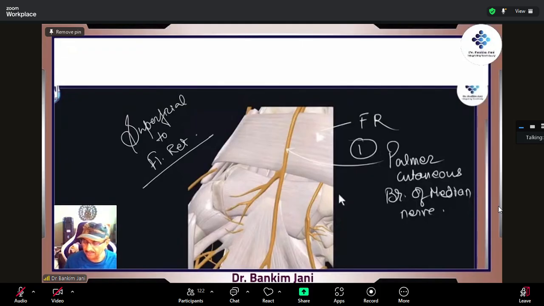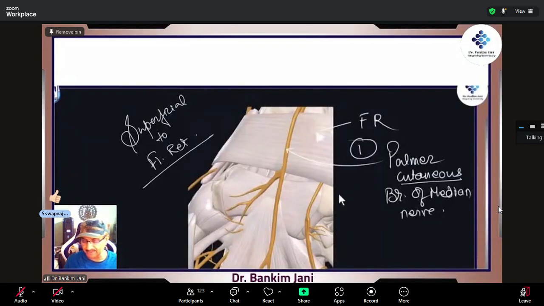Cutaneous branches: when they are heading for the skin, why should they travel deep? If you are in Delhi and you are supposed to go to Mumbai, then why take a flight to Chennai? Same way, when you have to supply the skin, that means cutaneous innervation, it is superficial. So first we are learning the structures which are superficial to the flexor retinaculum.